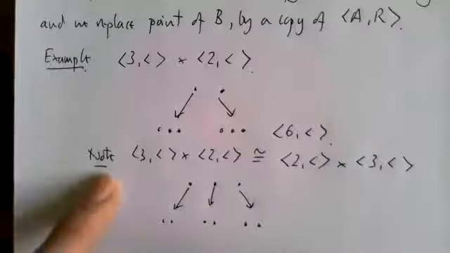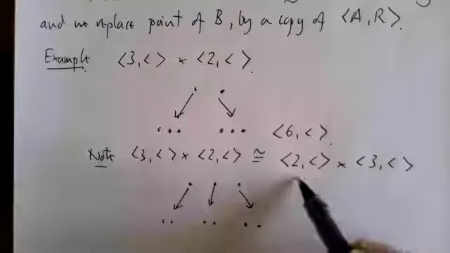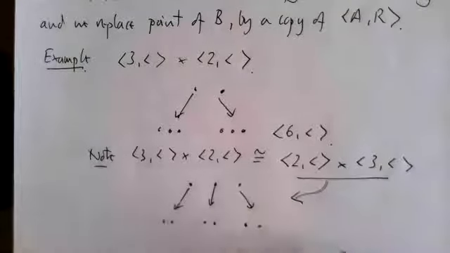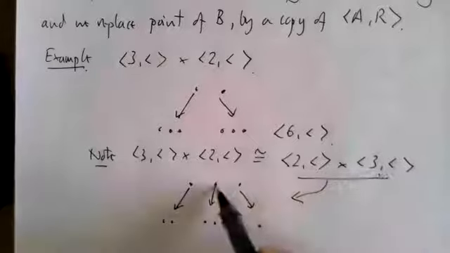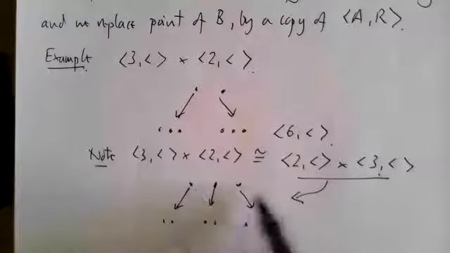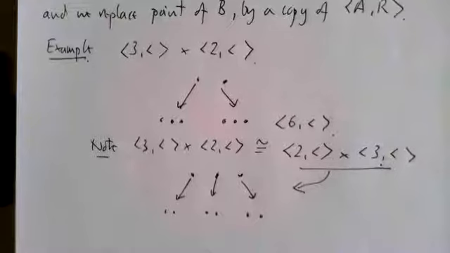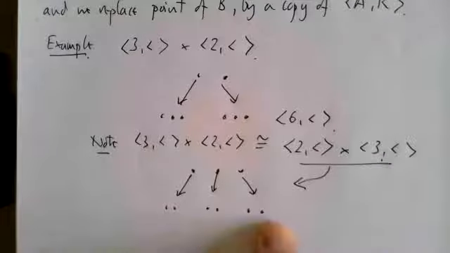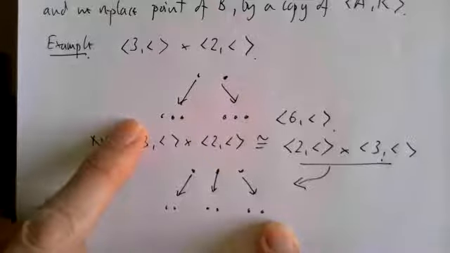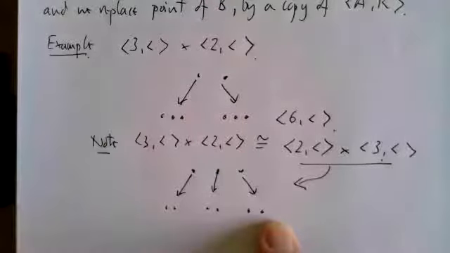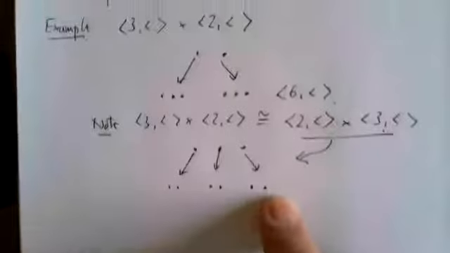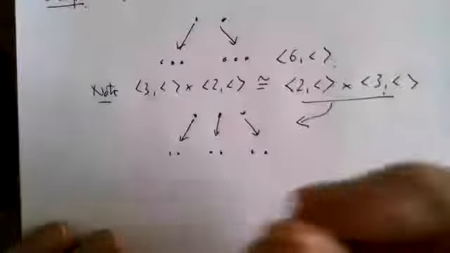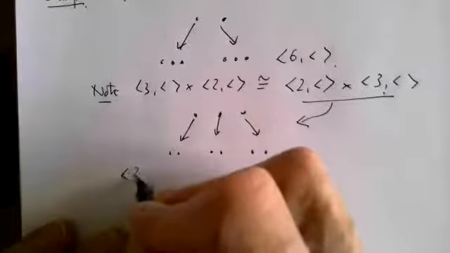And this is 3 times 2. Sorry, this is 2 times 3. I take a copy of 3 and I replace each point with a copy of 2. So I in the end up with 6 dots, which of course is just what I had here. But again, you can see what's going to happen with omega.